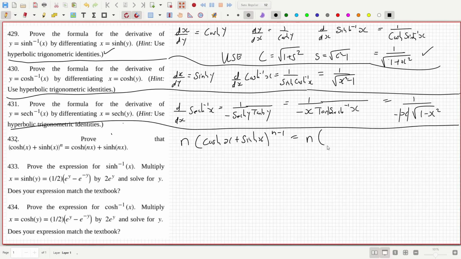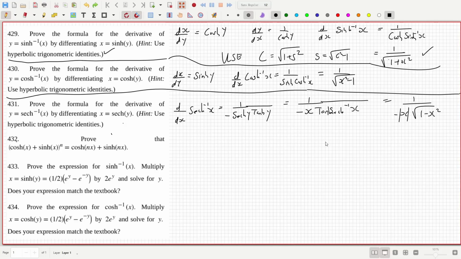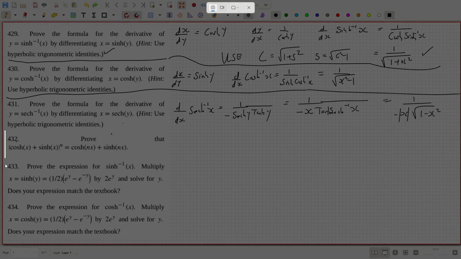No, maybe that's not the best way. I think I'll have to do a proof by induction, perhaps, which isn't in this book, or binomial expansion, which also isn't in this book. Let's try proof by induction.